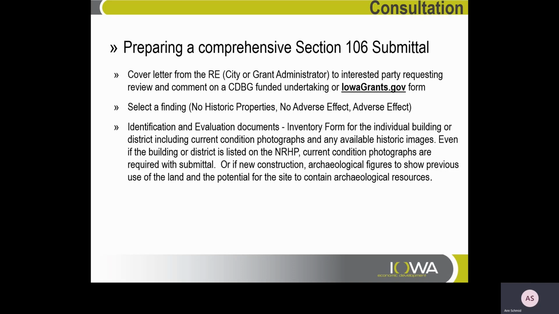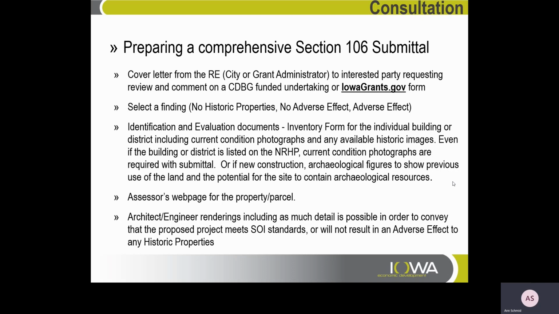If new construction, you'll need archaeological figures to show previous use, land use, or archaeological resources. Even surveys, any of your identification and evaluation documents would need to be uploaded. Assessor's webpage for the parcel or the property is helpful. And then the architect or engineered renderings, including as much detail as possible in order to convey that the proposed project meets the standards or will not result in adverse effect to historic properties.